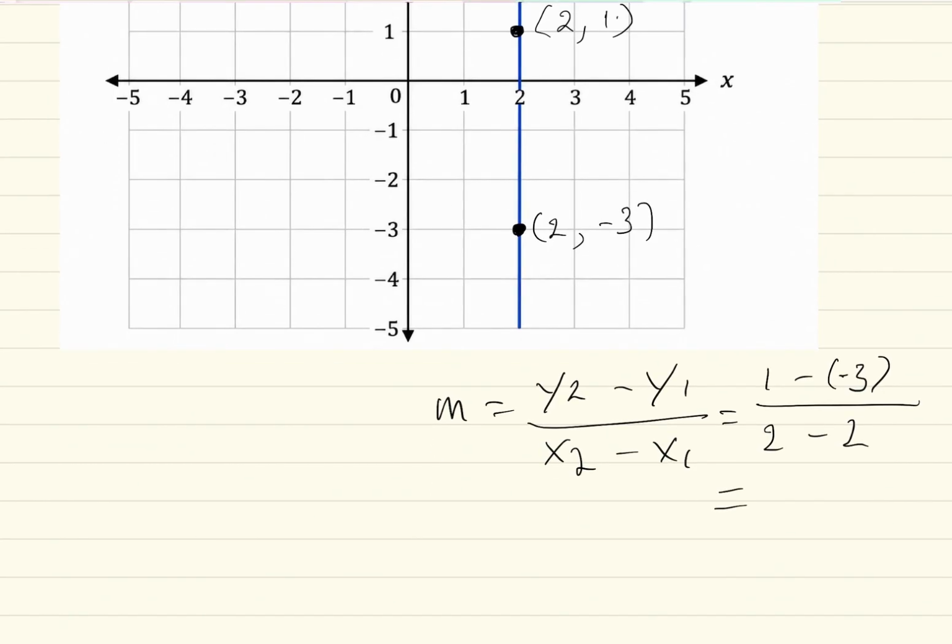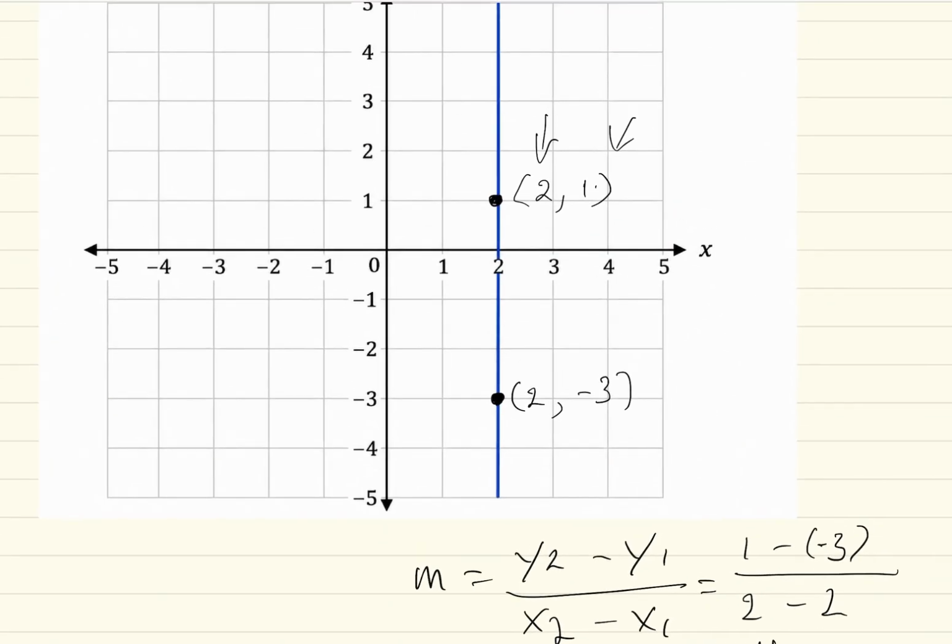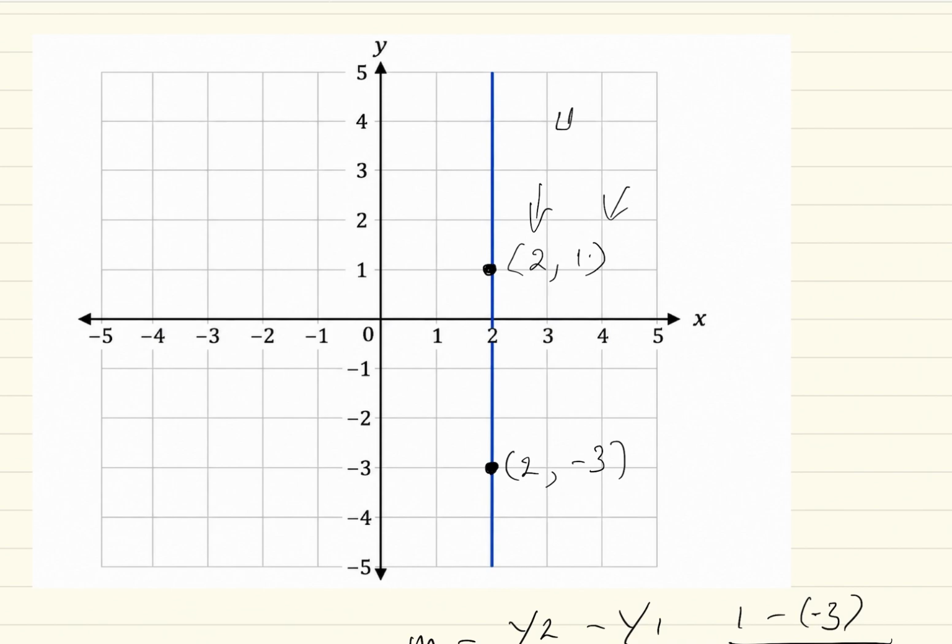So 1 minus -3 is just 1 plus 3, so it's going to be 4, and at the bottom is 0. And we know in math that we can't divide by 0, so this is considered undefined. So vertical slopes are considered undefined.